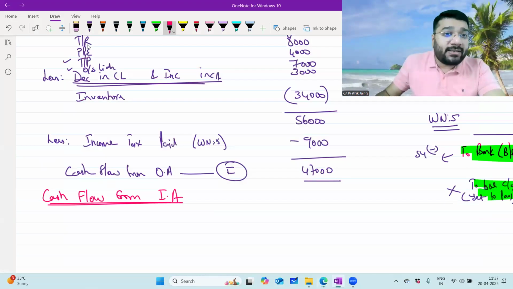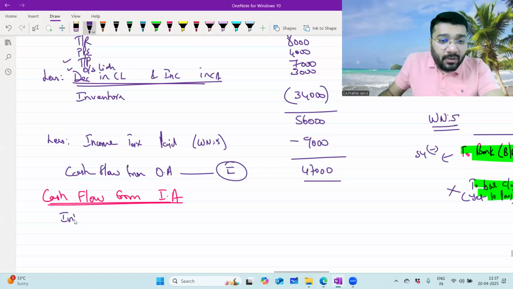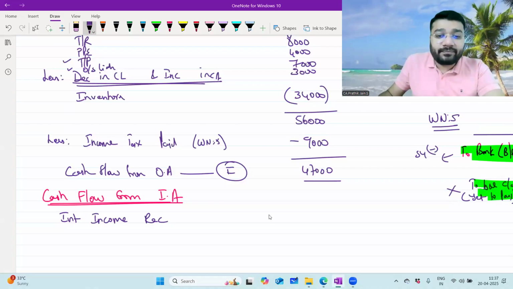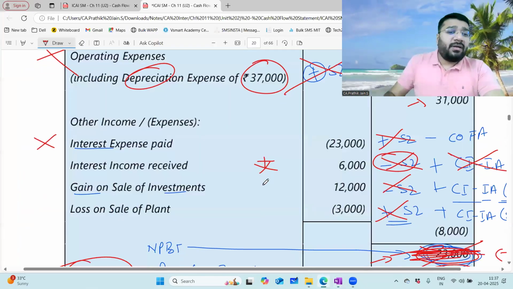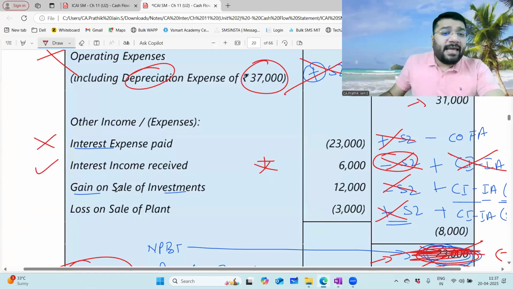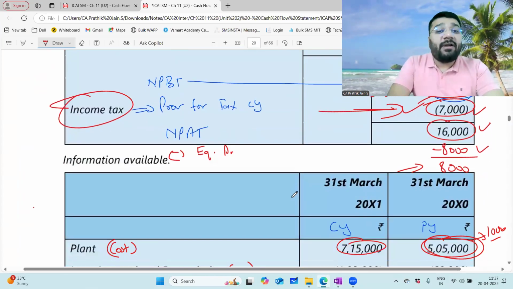Interest income received. How much? 6,000. Inner column or outer column? Outer column. Interest income received, over. Gain on sale of investment, how much? We have recorded the total sale proceeds.